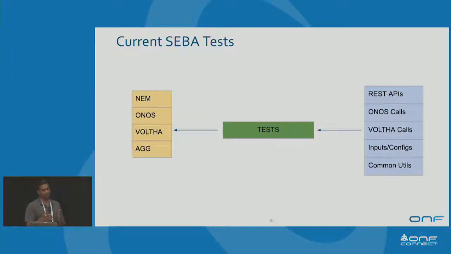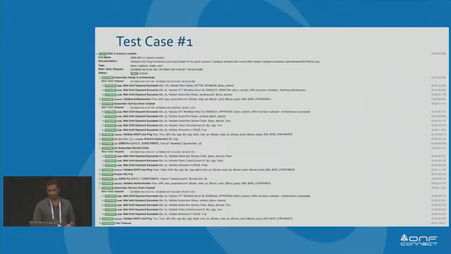The main components that we test in a SEBA pod are NEM, ONOS, Voltha, and the aggregation switch. So the test will actually talk to each of these components and validate at each of those layers what the end state should be. Here is an example of a test run for test case number 1 that we just ran, which actually failed because we pulled in a wrong patch.